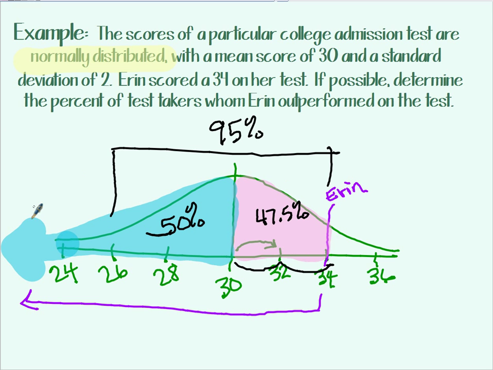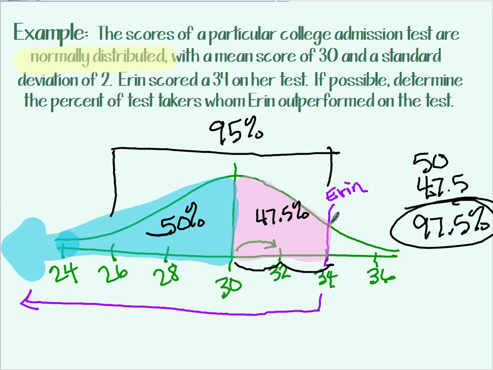So if I look at the entire shaded area, I have a 50% portion and a 47.5% portion. That's going to give me 97.5%. 97.5% of all the test takers scored less than Erin did.